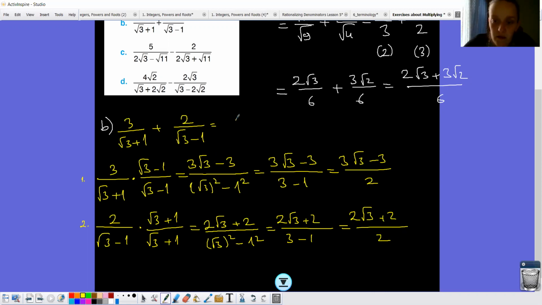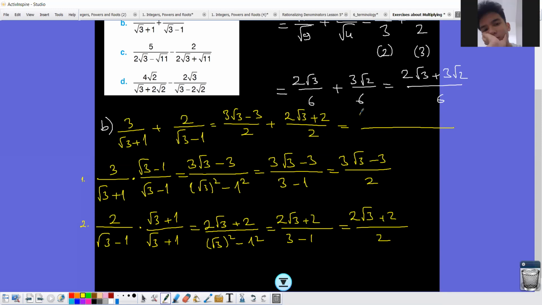Now I'm writing in the question what we get: 3 root 3 minus 3 over 2 plus 2 root 3 plus 2 over 2. Now we have the same denominators, can we write directly? Yes. We will have 3 root 3 minus 3 plus 2 root 3 plus 2 over 2.